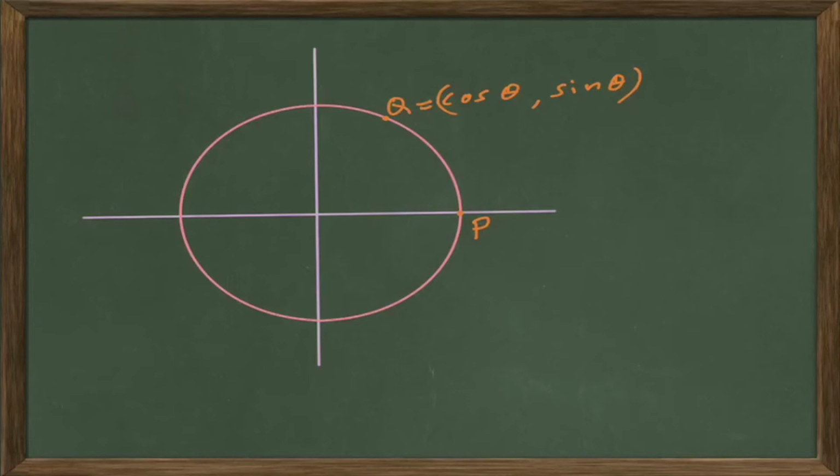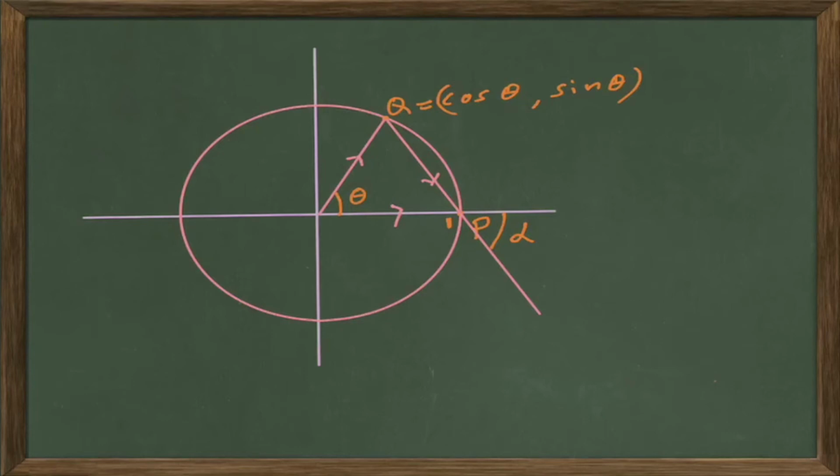Let us see what is the argument of the complex number 1 minus e to the i theta. By the previous remark, it is nothing but the angle that the vector QP makes with the positive x-axis. So this is this angle alpha.